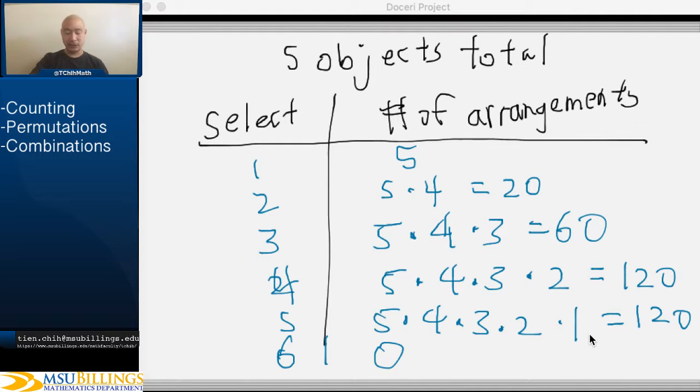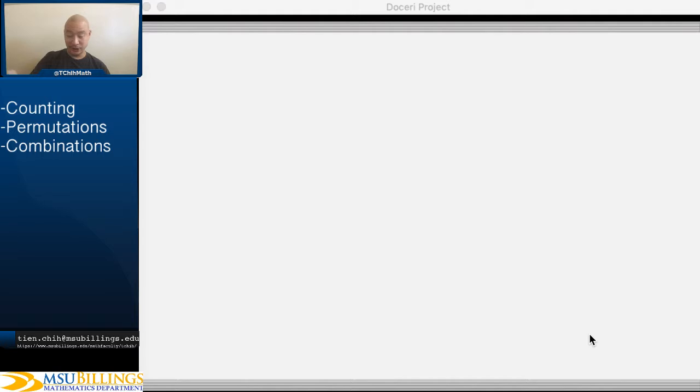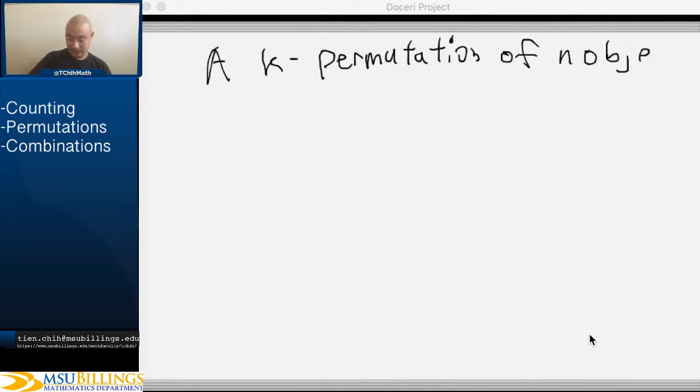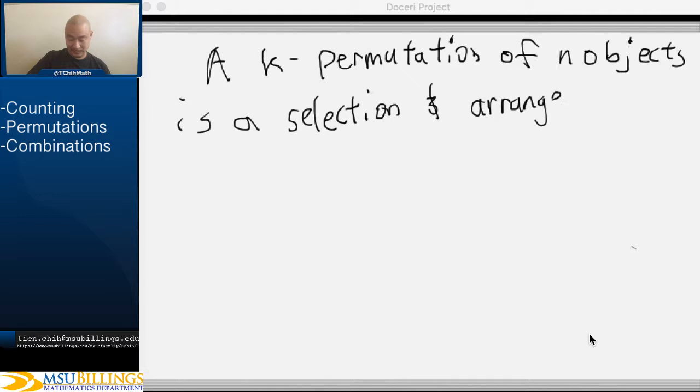All right. And so if we follow this same logic, we should be able to see that a k permutation of n objects is a selection and arrangement of k of the n objects.